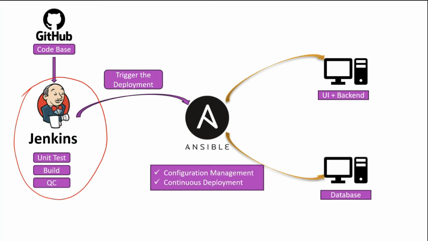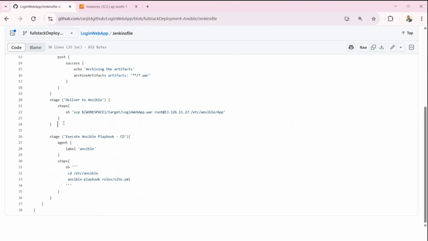In my case, in this diagram, I have just used Jenkins to trigger the deployment and also to deliver the artifact. The artifact here is the .war file, right? So once the build is over, it is just delivering that war file to Ansible, and then it is triggering the deployment, meaning executing the playbook, whatever we are going to write in Ansible, right? So that is what this stage is all about.